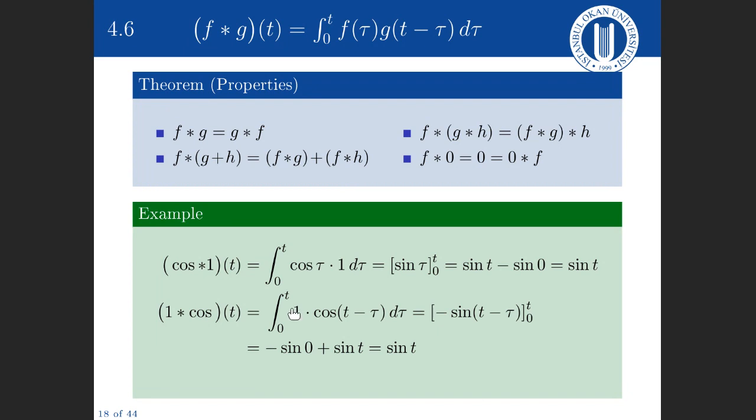It's the integral from 0 to t of 1 multiplied by cos at t minus tau, d tau. And when we calculate this, again, we get sine t. Now, one thing to note from this example is, in general, a function convoluted with 1 is not equal to the function. Here, cos convoluted with 1 is not cos, because cos convoluted with 1 is sine.